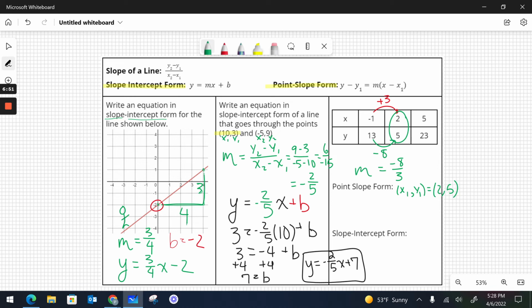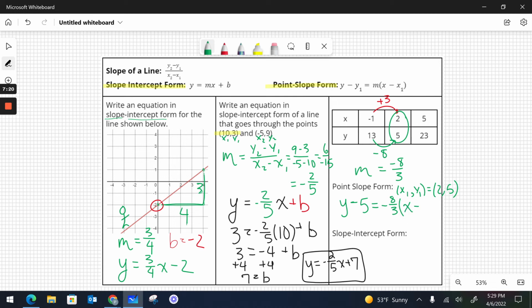Let's put the formula together. So I need y minus y1. So y minus, and y1 is 5, equals m times, so m is the slope of negative 8 thirds, times x minus x1.